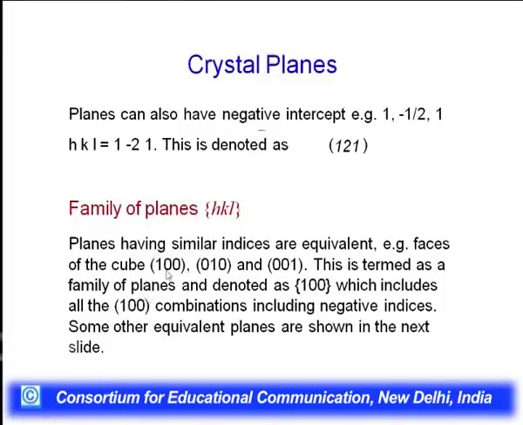The faces of the cube 1, 0, 0, 0, 1, 0 and 0, 0, 1 are termed a family of planes and denoted in parentheses as 1, 0, 0, which includes all the 1, 0, 0 combinations.